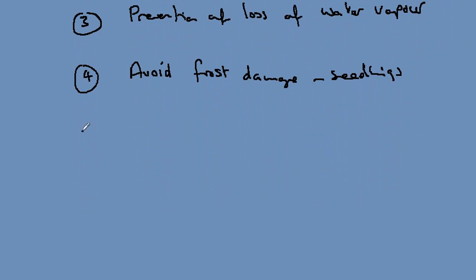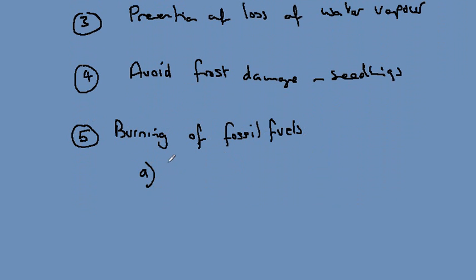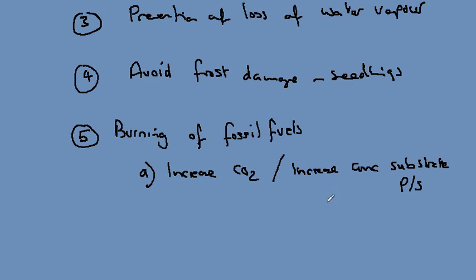A fifth feature, particularly of glasshouses, is that these glasshouses are often warmed by the burning of fossil fuels. This leads to two interesting effects. The first one is an increase in the carbon dioxide levels inside the glasshouse, which means that we have increased the concentration of the substrate for photosynthesis, so we will get more product and more growth.